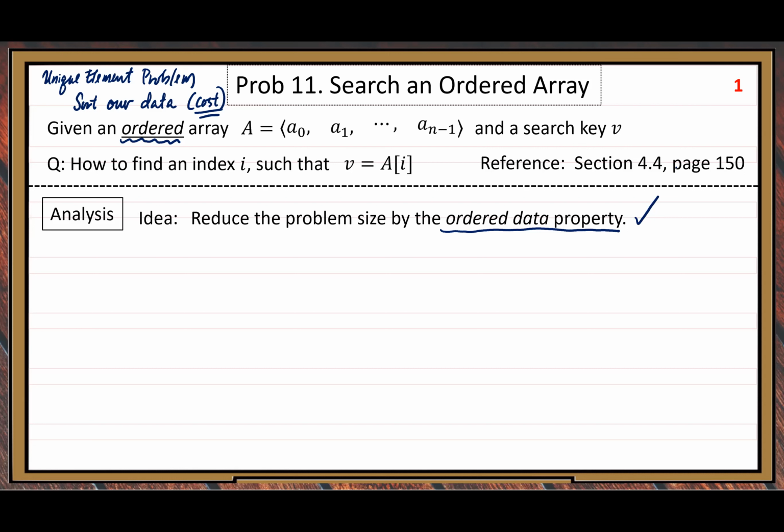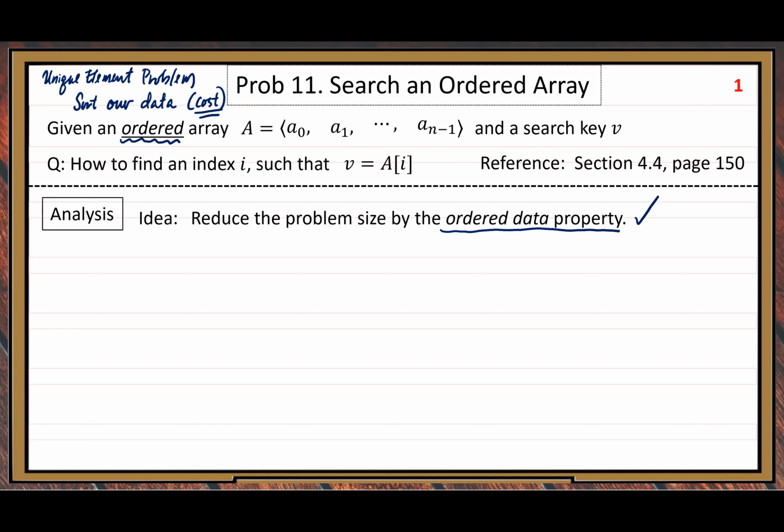That means this requirement is very useful, and we really need to take advantage of it. It's like something valuable you get free. This sorted data is very valuable, and we are given it without any cost, so we really need to use this condition well.